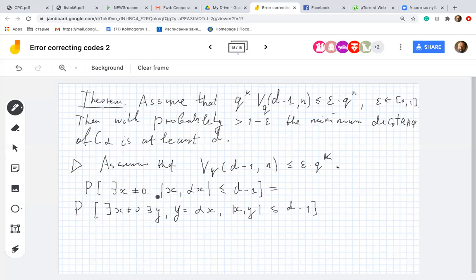So this is just a rewriting of our condition. We choose alpha at random and want to find out the probability of this event.